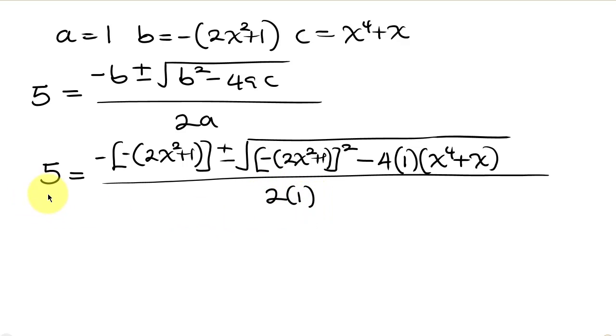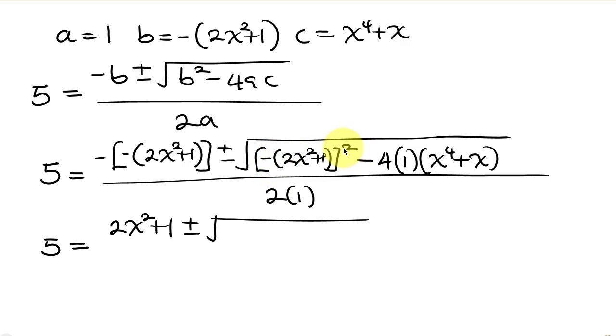And then simplifying further, we have 5 to be equal to negative times negative gives positive. So I'm going to be having 2x squared plus 1. And then plus or minus the square root of. Now, remember that this is an even power, which makes this negative to become positive.